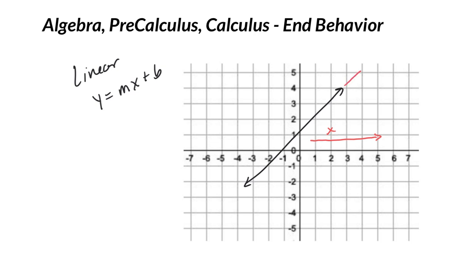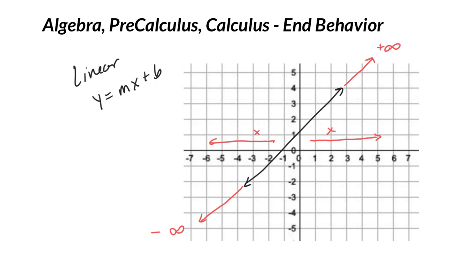The answer is, it will also just continue growing and growing and growing, in this case, towards infinity. But end behavior isn't just as x gets larger and larger in positive numbers, it's also as x gets larger and larger negative values. So in that case, this linear function would continue down towards negative infinity. It would just keep getting more and more negative.